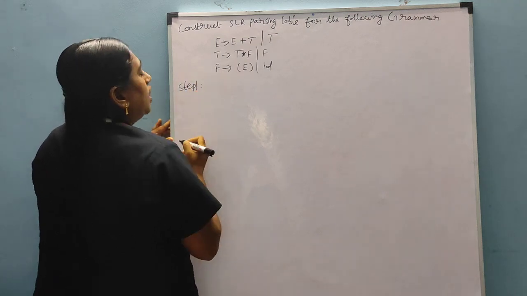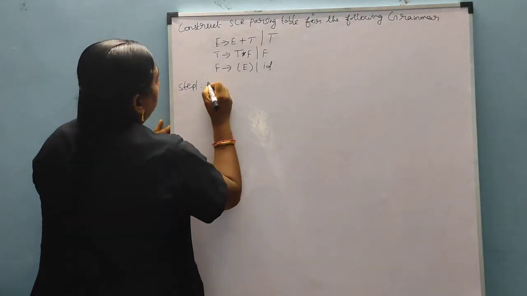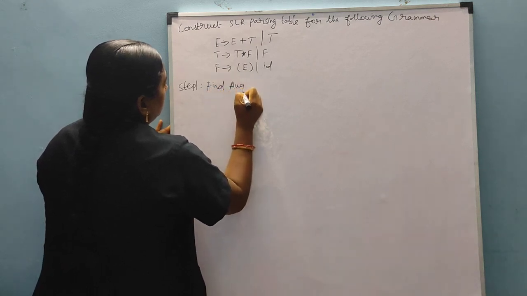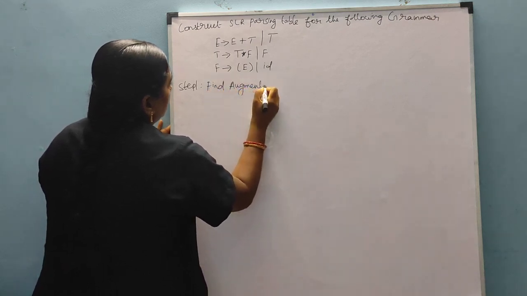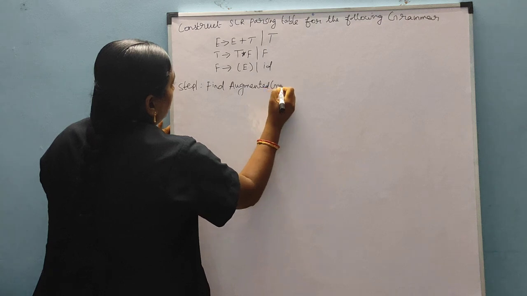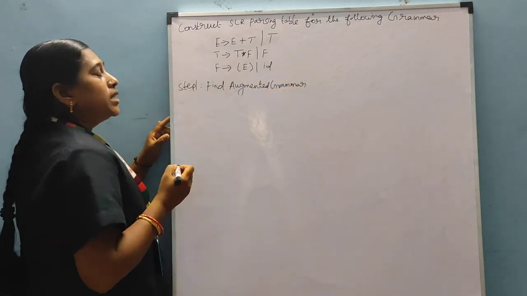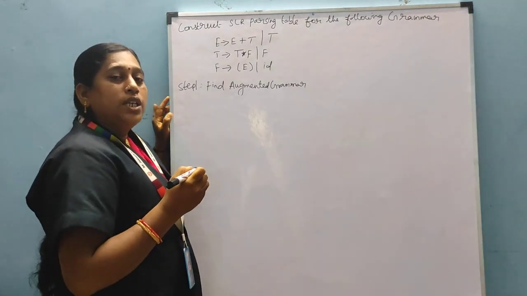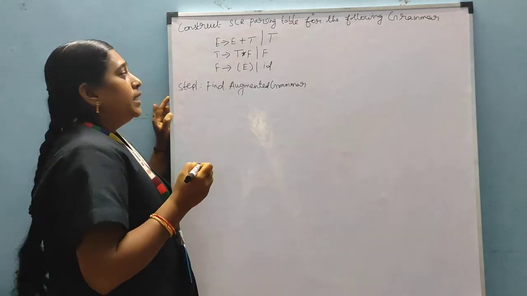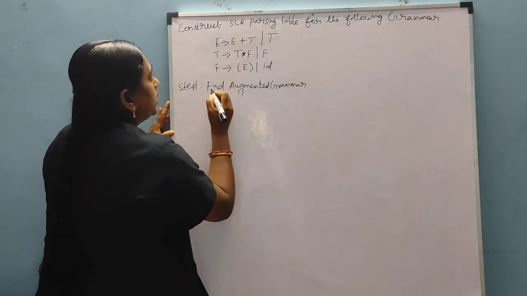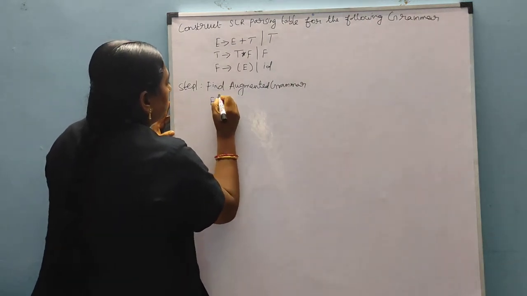Step 1, how to find augmented grammar. Augmented grammar in the sense, start symbol dash tends to start symbol. Here the start symbol is non-terminal E, so start symbol dash in the sense E dash.